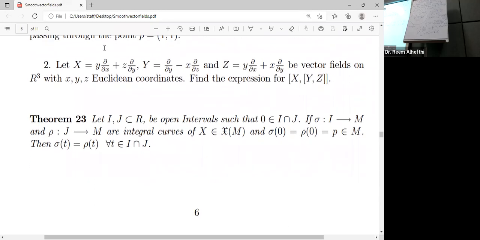And then there is theorem 23. Professor Abdurrahman asked a question about uniqueness that is answered in this theorem.